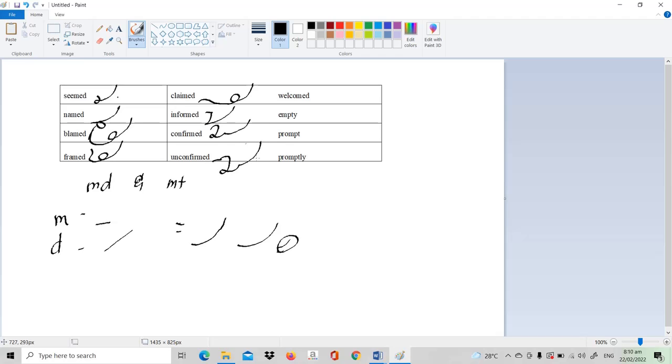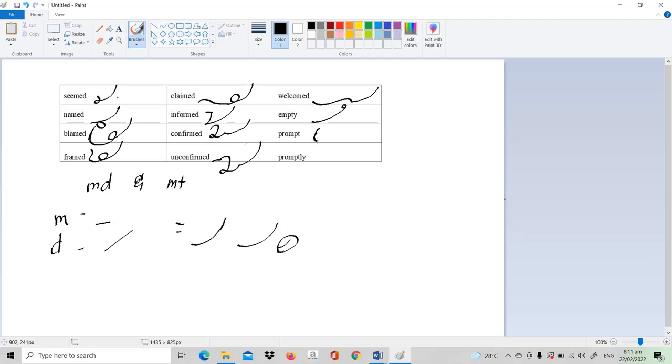Okay. There you have it. Next, we have welcome. So, we have well, which is represented by your L, and then come, and then MD. Welcomed. And next, empty. We have empt, and then T. Next, we have prompt.